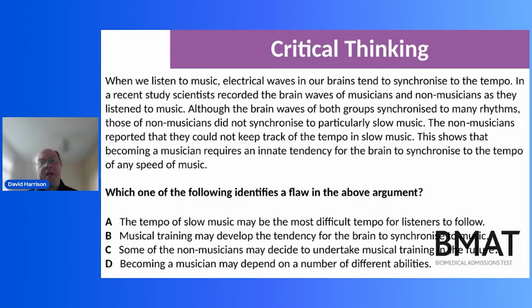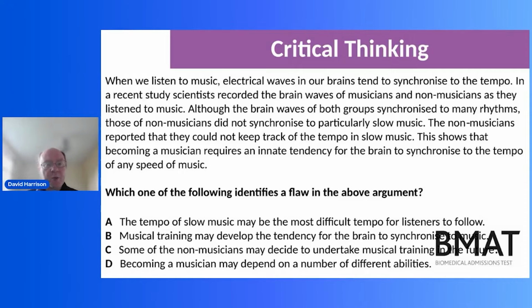It's putting forward an argument that our brains synchronize to the tempo of music, and scientists have found that there's a difference between musicians and non-musicians, in that while both groups were able to synchronize to the tempo and to the rhythms, non-musicians didn't really synchronize to particularly slow music. They found it difficult to keep track of the tempo. And the argument is that this shows that becoming a musician requires an innate tendency for the brain to synchronize to the tempo of any speed of music.